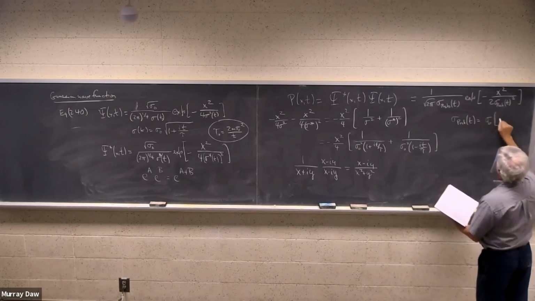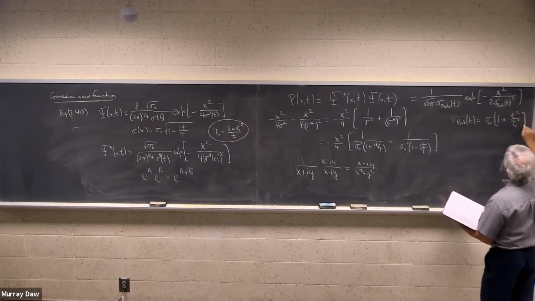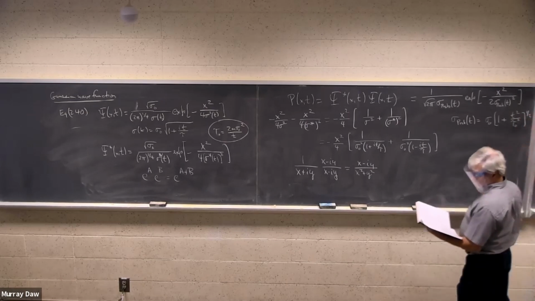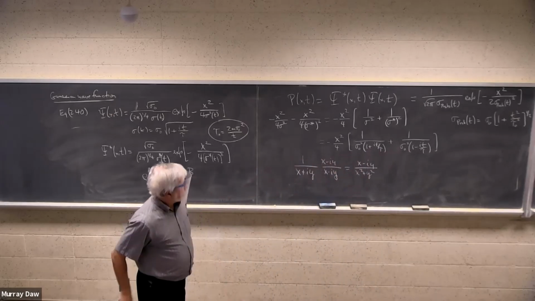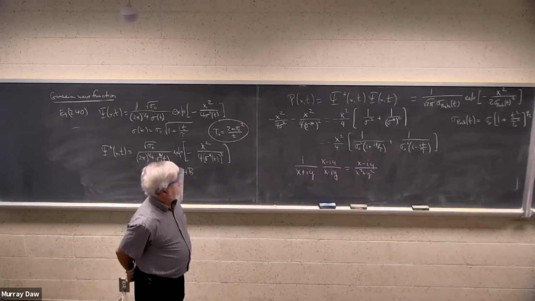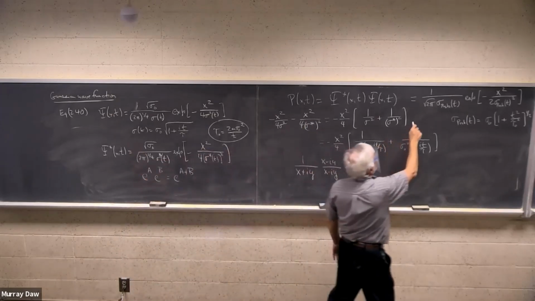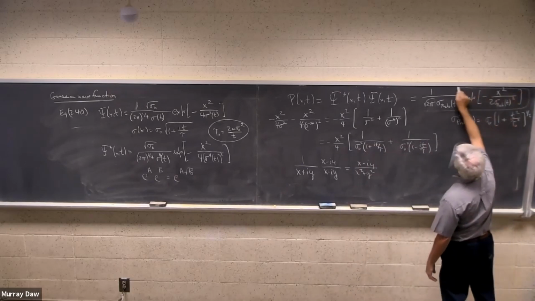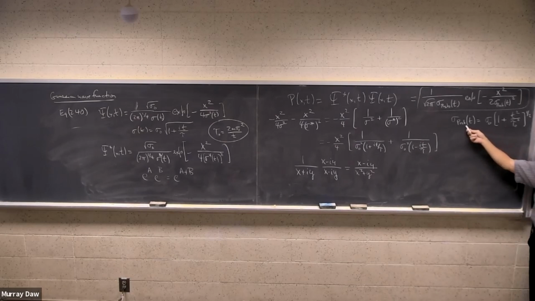It looks like sigma naught squared over tau squared. So you're going to confirm that. You multiply these wave functions out, you're going to get something that looks like this. So now this is a Gaussian. Again, it is a Gaussian, but the width is dependent on time.